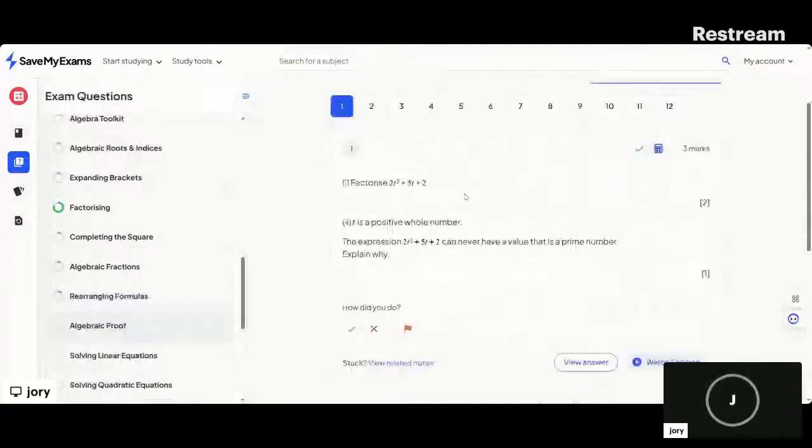Factorize. New piece of paper. Wait, I have some bit here I didn't write in yet. Factorize 2t squared plus 5t plus 2. Factorize? Okay. But I can just use my calculator though.